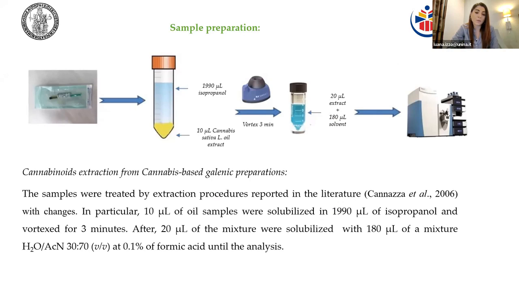Then we vortex for 3 minutes, and then we performed a simple dilution to analyze the cannabinoids profile in the UHPLC-Q Orbitrap mass spectrometry.